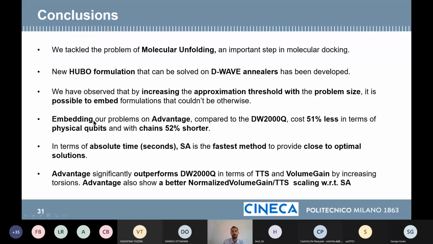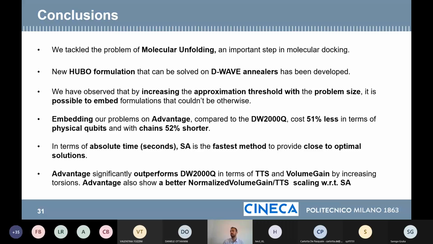For the embedding on the D-Wave, the Advantage, the 5,000 qubit one, beats the previous generation of devices with 2,000 qubits. For the absolute time to solution, simulated annealing is the fastest one and the one which always provides a close to optimal solution.